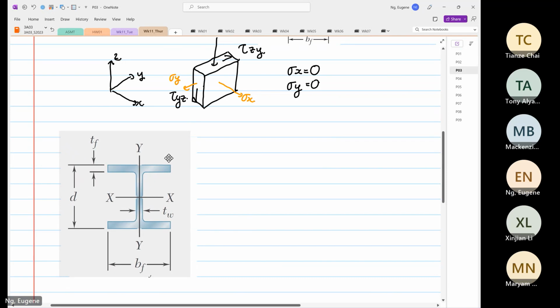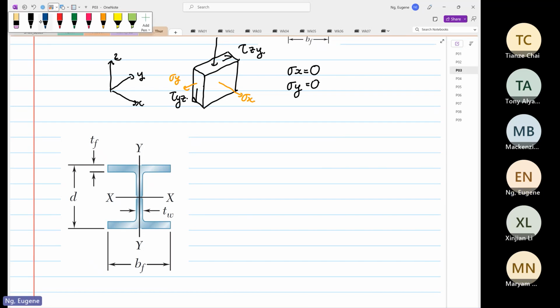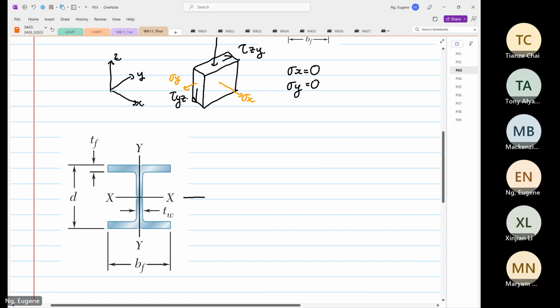So this is our Vx, and Vx is 16 times 10 to the power 3 Newton.